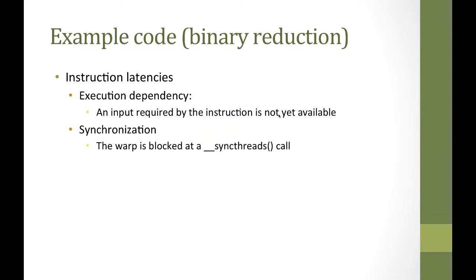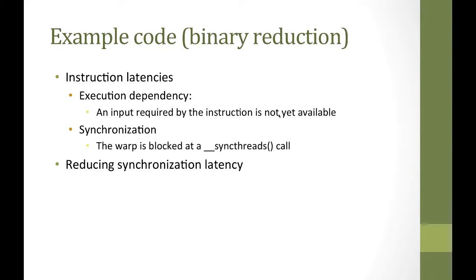Another problem is the synchronization, because we have to load all the data into the shared memory, then synchronize them, and then we can execute them. So the warp is blocked by a single thread's calls. I think you are more familiar with the synchronization, so let's start with the synchronization part.